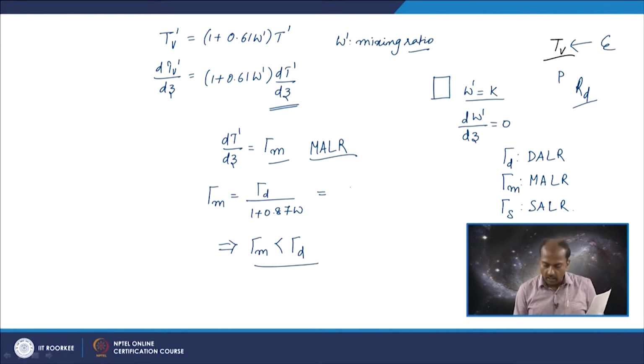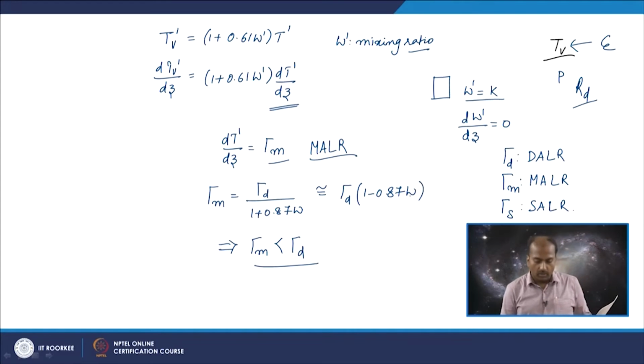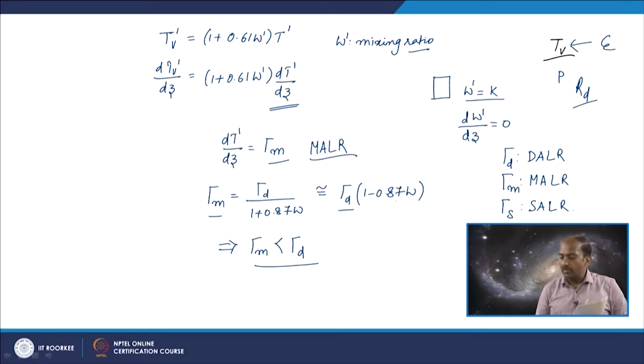So, we can rewrite this as an approximation as gamma d times 1 minus 0.87 W, right. So, this is the moist adiabatic lapse rate in terms of the dry adiabatic lapse rate and the mixing ratio, right. If the mixing ratio is larger, what do you get? You get gamma m even more deviated away from the dry adiabatic lapse rate, right.